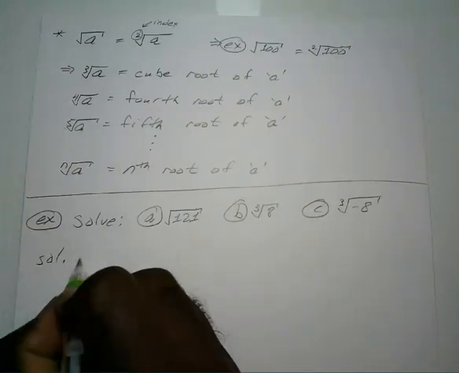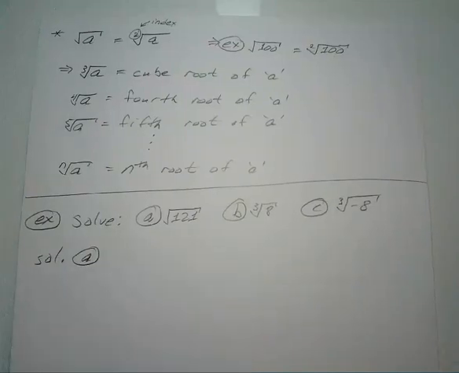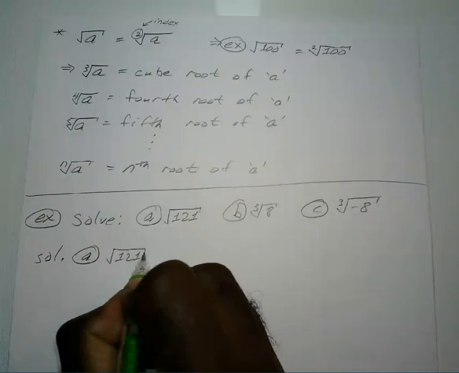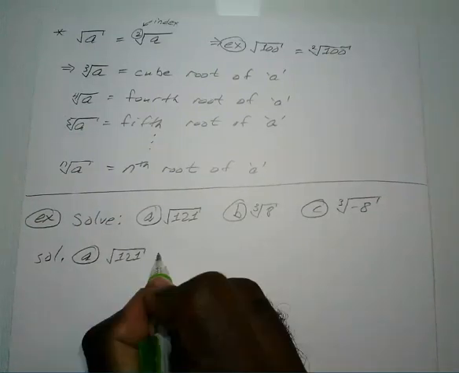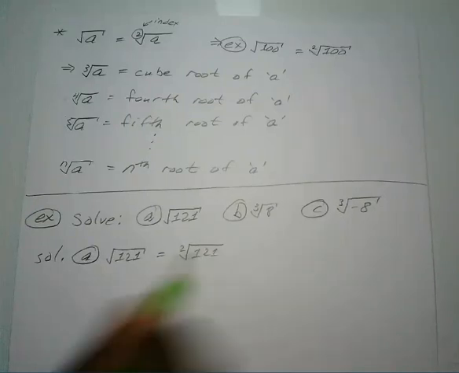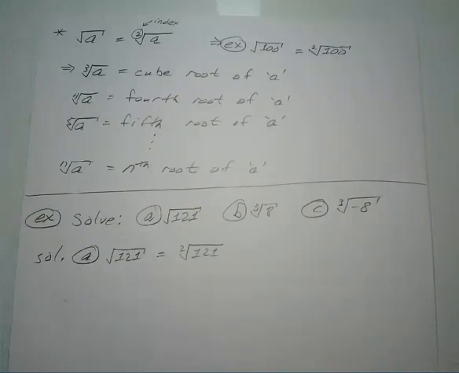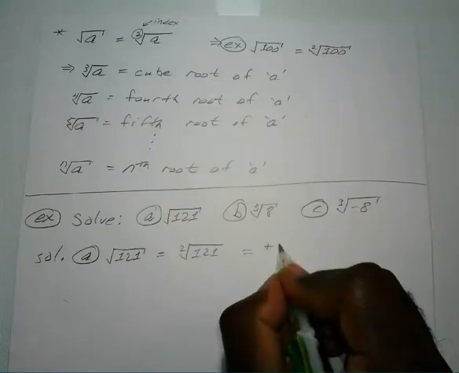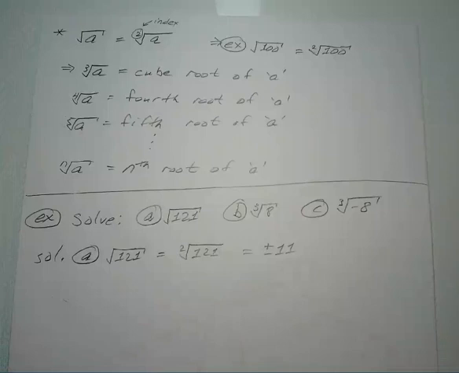Okay, so for problem A, square root of 121, there's no index, so it's automatically a 2 there. What two numbers multiply to itself to give you 121? It's either positive 11 or negative 11, since 11 times 11 is 121, and negative 11 times negative 11 is 121.